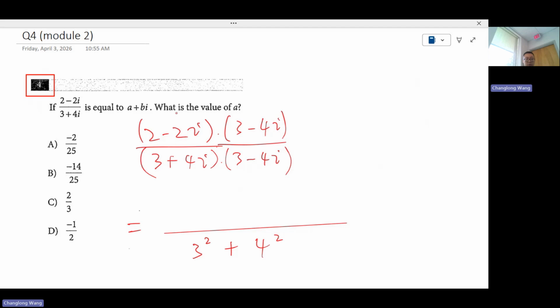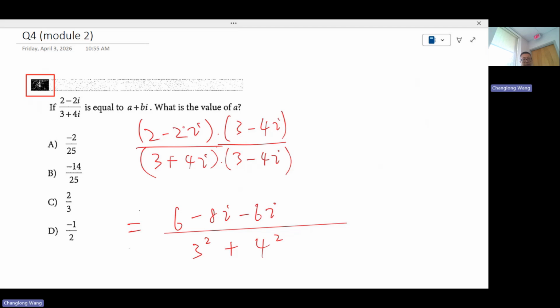So it would be the first term, 2 times 3, 6. Then the outer term, 2 times negative 4i, so it will be negative 8i. Then the inner term will be negative 2i and a 3, so multiplied, that gets you negative 6i. Now the last term, be careful with the signs.